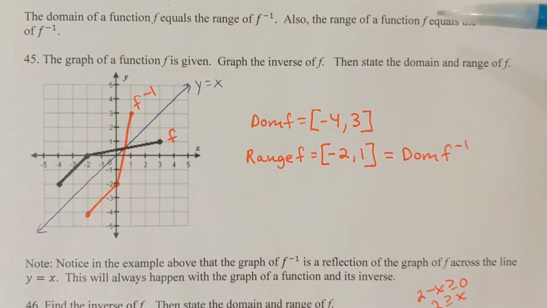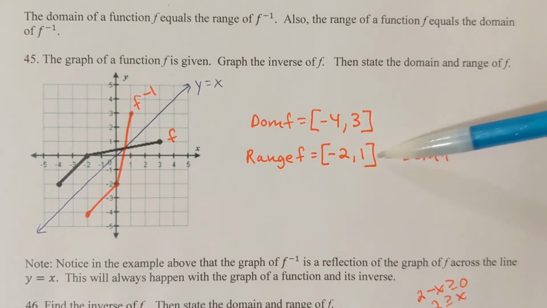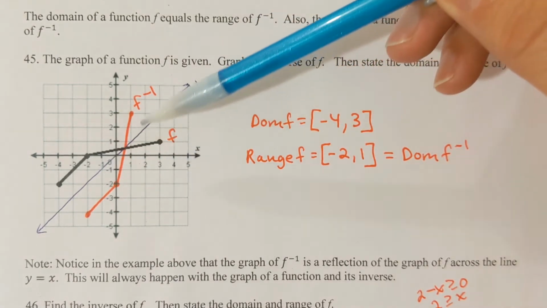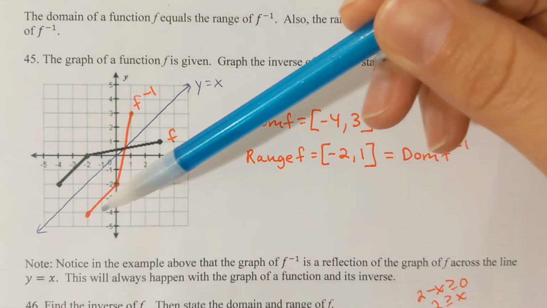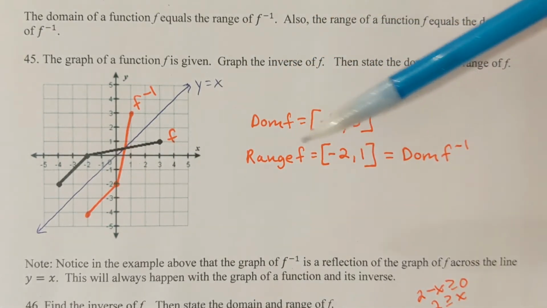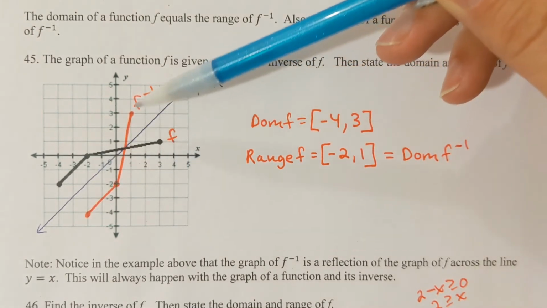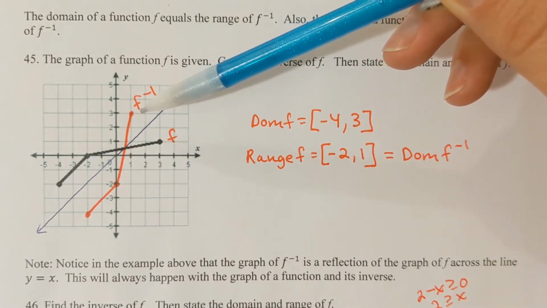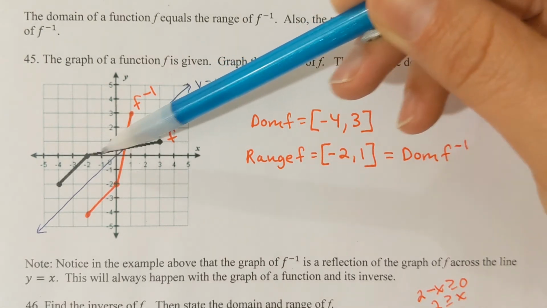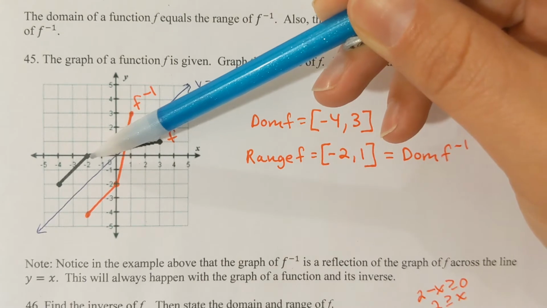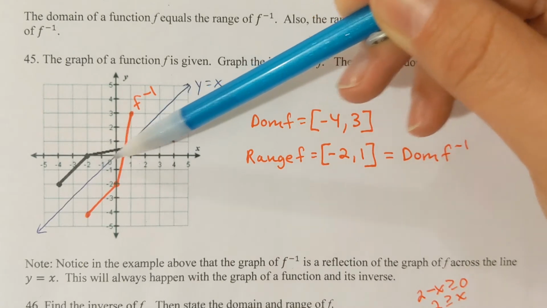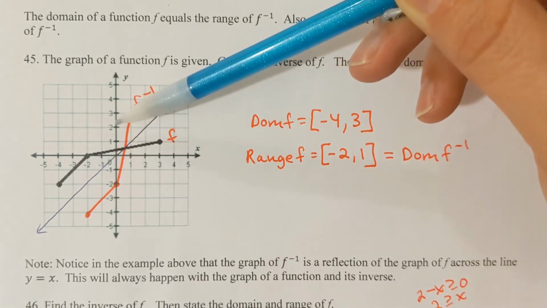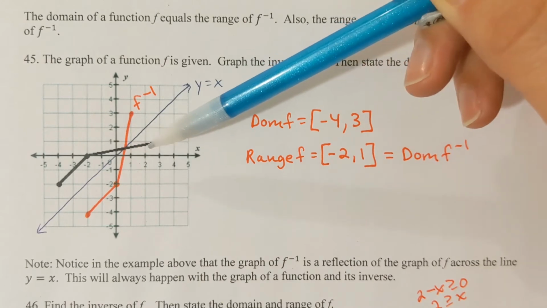Now, the range of a function is the same as the domain of the inverse. So another way that I could have got this set is I could have looked at the inverse, that's the curve in red, and I could have stated its domain. Okay, so let's do that just to check that the numbers would be the same here. The inverse is the curve in red. Domain means I'm talking about x. So the conditions on x for the curve in red are such that if you're between -2 and 1 and you look above or below those values, you're going to be somewhere on the curve that is in red.